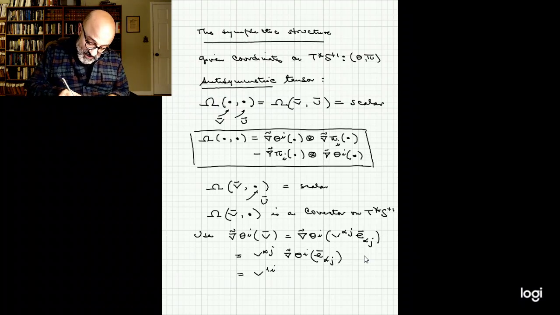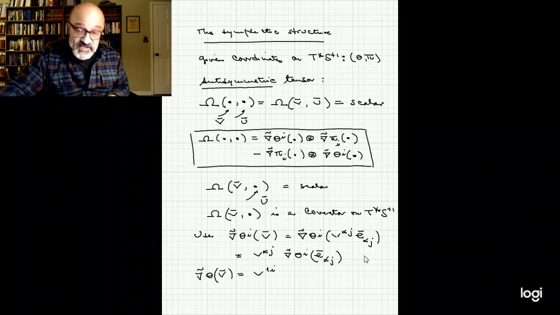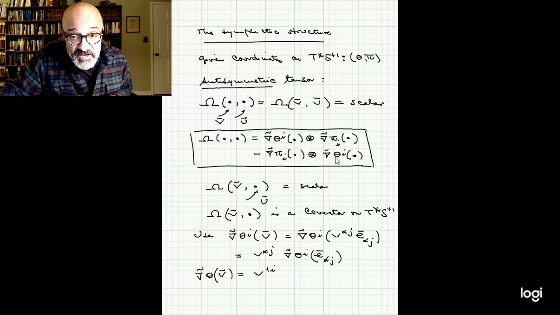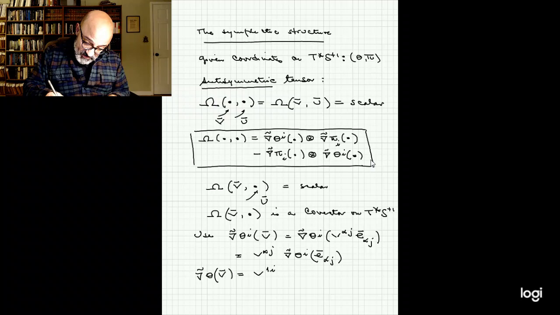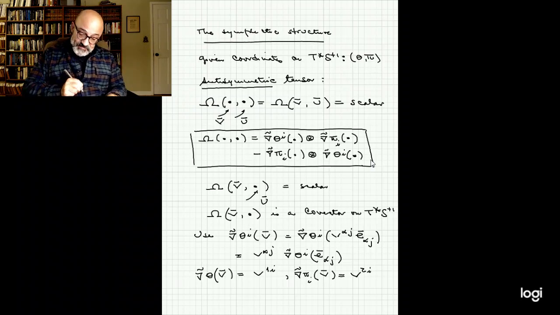So that's what acting on a vector is going to give you. Similarly, this gives you the component as well: acting on the vector V is going to give you the second component I.